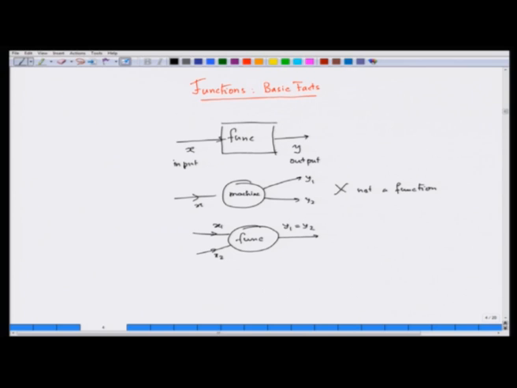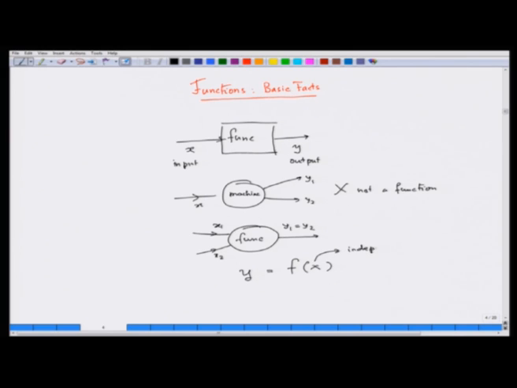For example, now output is usually written as y and the input, that is the function or the machine f, is acting on x. So this machine f acts on the given input x, gives me output y. So in mathematics we call it the independent variable.